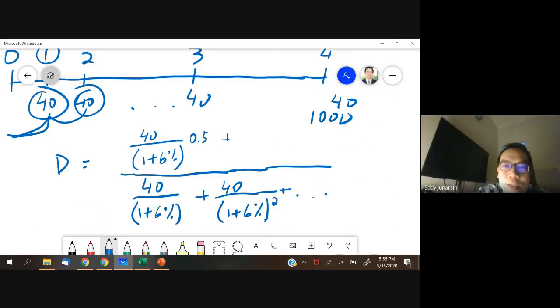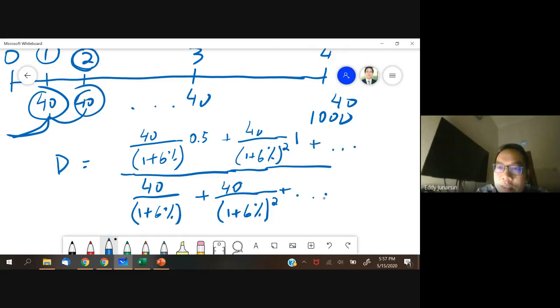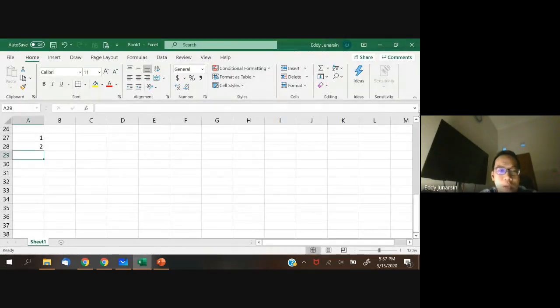And then the second one, 40 to the power of 2, times what year is it? 1 year. Times 1, and so forth, right? 1.5 and then 2. Okay, so we only have 2 years, semi-annual, but 2 years.